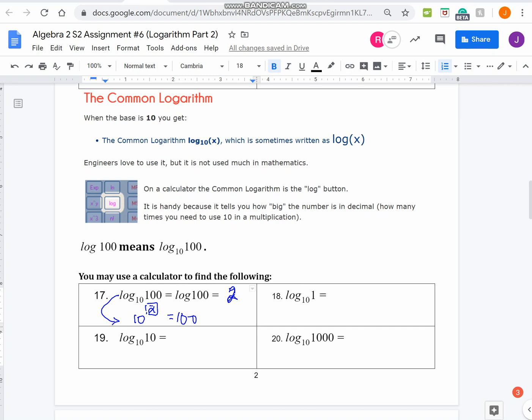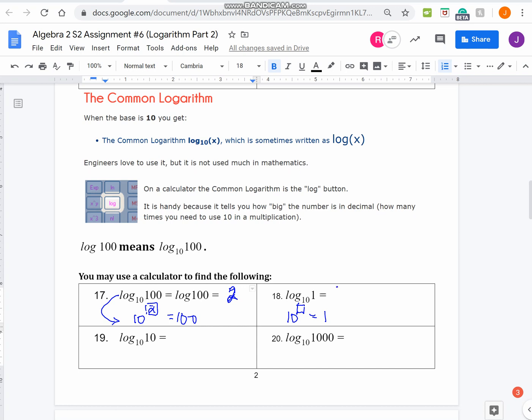So you can either use a calculator, hit log and then 100 and close parenthesis, and that should give you the answer right away. If you prefer not to use a calculator for these easier questions, then you can use the method that we have done, changing it into exponential form, 10 to the power equals 1, and figure out what that exponent should be.